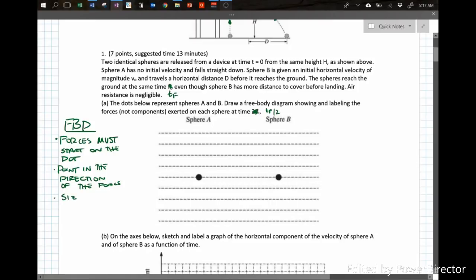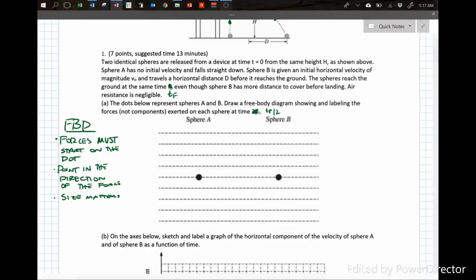The size matters here. So the length of the force needs to be proportional to the size of the force. We'll see that in a different session a little bit more. This is mostly kinematics, but right now we're just drawing the force.